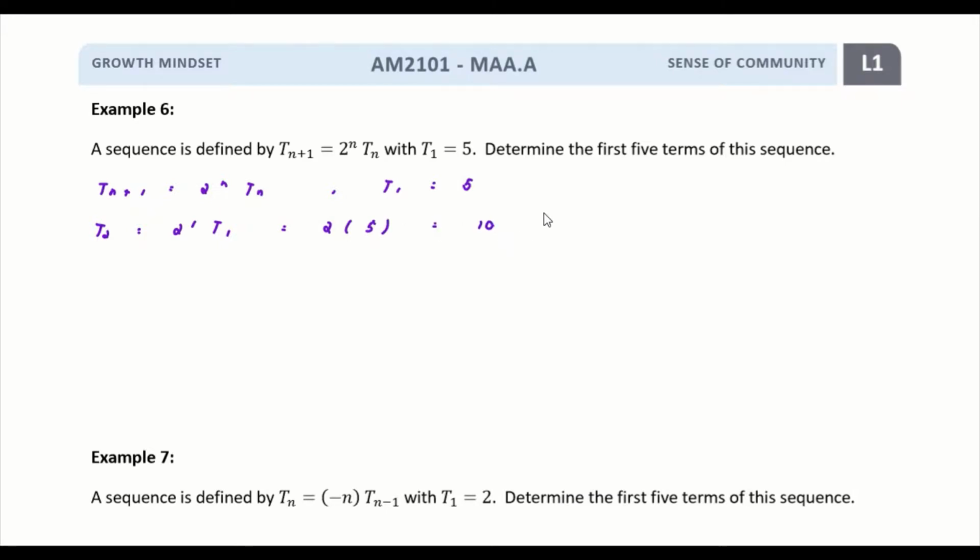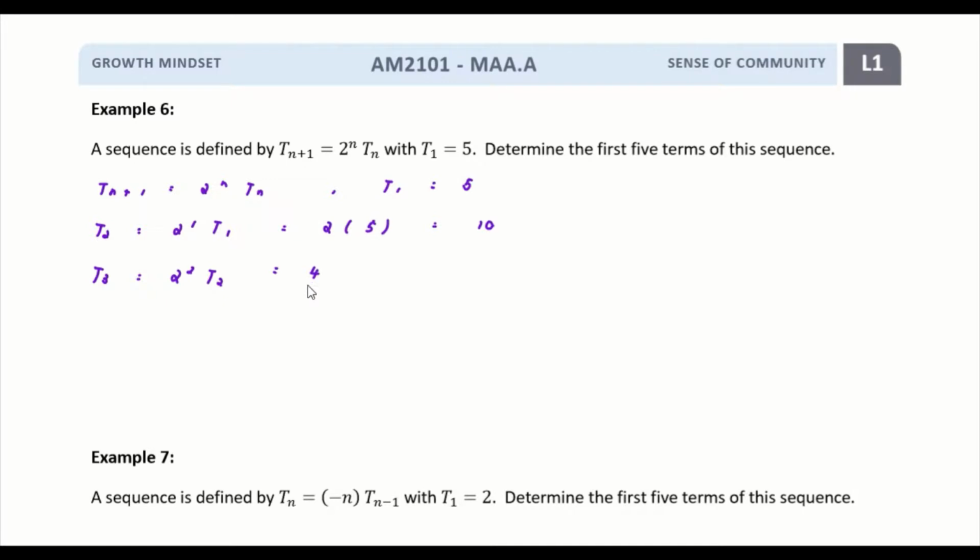Okay, let's try to do one more. If I'm finding my T3, what is my n? n plus 1 equals 3, which means my previous term, the n, is going to be 2, because 2 plus 1 equals 3, right? So what do you write down for the n? It will be 2. So 2 power 2, simple as that.